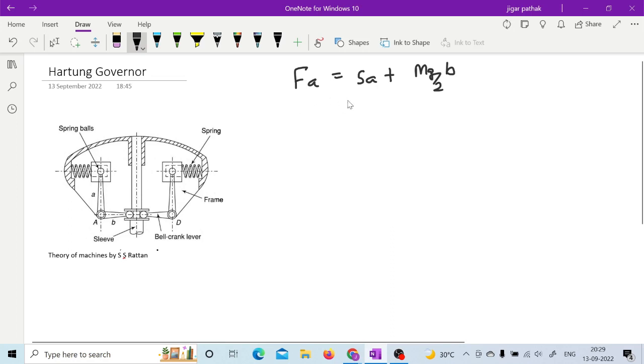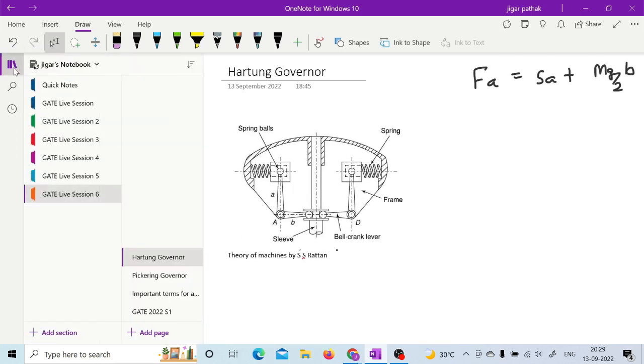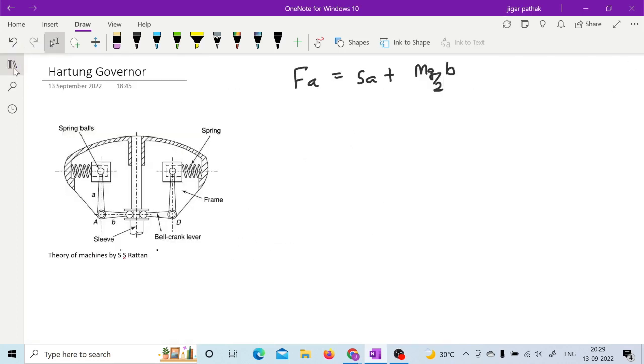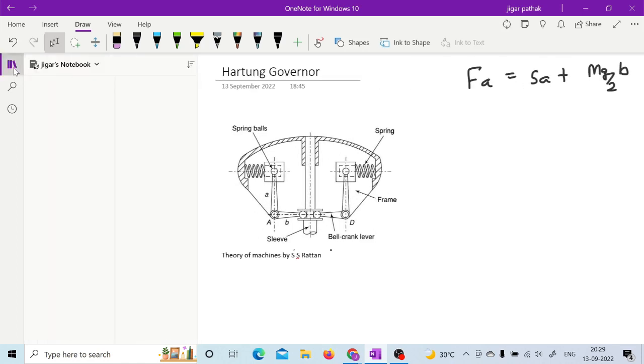So by having this relation, you can again derive the relation between the speed and the height of the governor, or in this case actually not height, but you can get an idea of what the different spring forces are at different speeds, right? So this is the relation between the change in speed and the change in spring force.